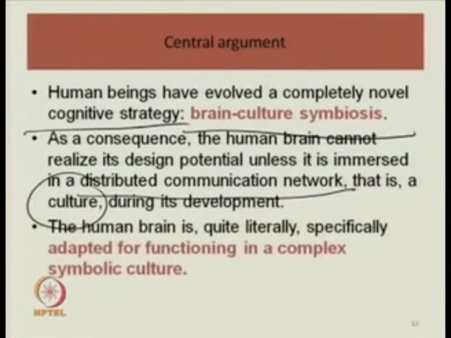Then he says the human brain is quite literally, and this is important, specifically adapted for functioning in a complex symbolic culture. This is very important. We have something called symbolic thought. What is symbolic thought?